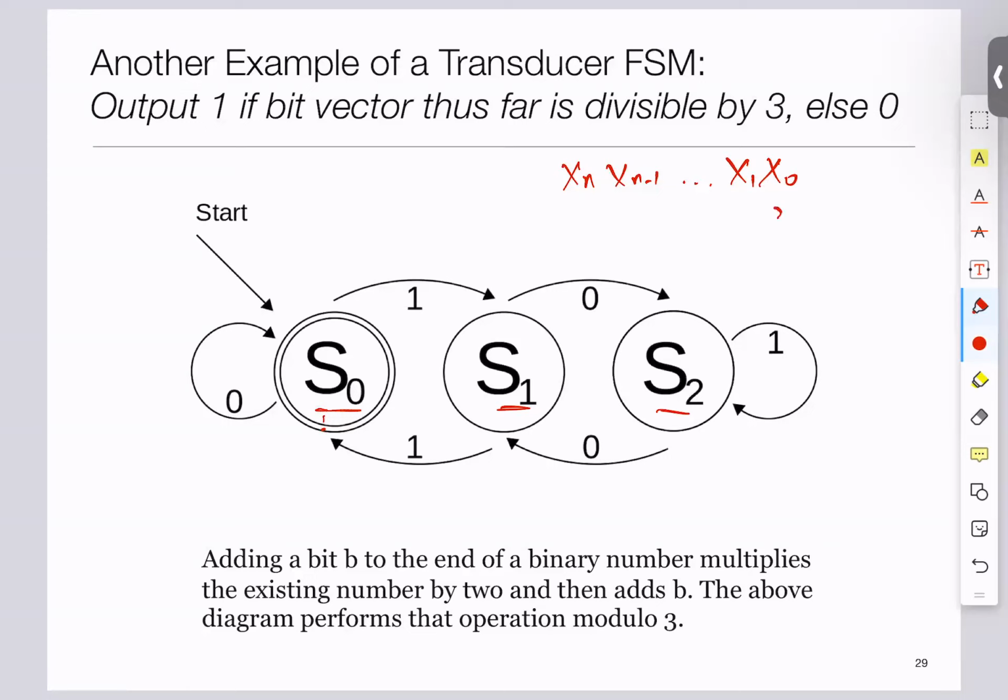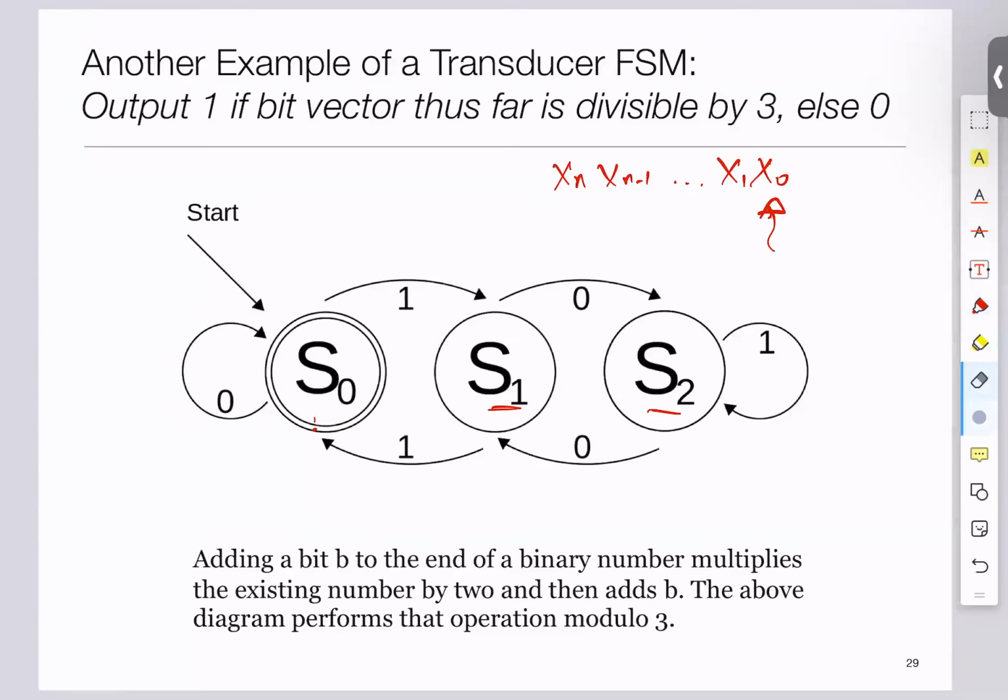This is the latest input. And let's say I'm in S0. Let's imagine the number I have received, something arbitrary, is divisible by 3. So I'm in S0.